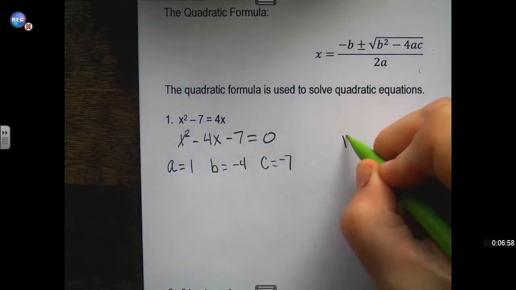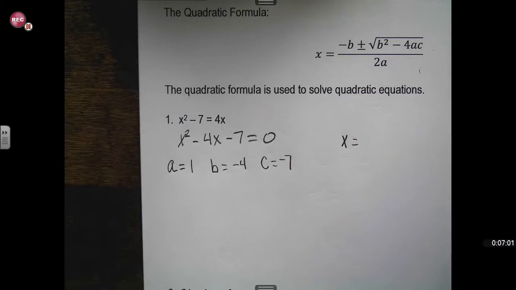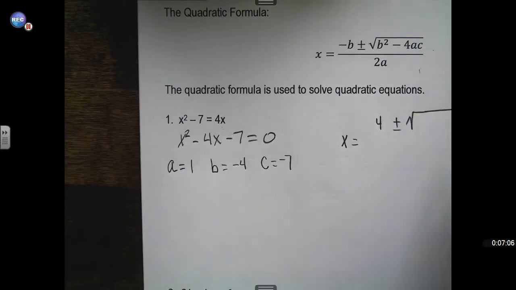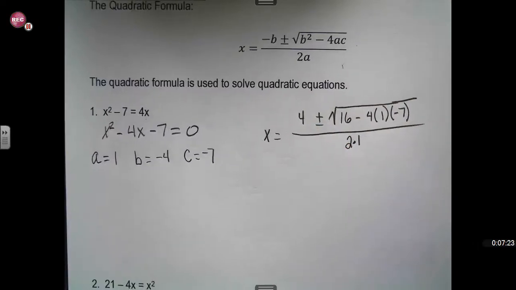So now when I go to solve this, the opposite of b is going to be 4 plus or minus the square root of b squared, which is 16, minus 4 times a, which is 1, times c, which is negative 7, all over 2 times a, which is 1. And then we just simplify that. This is going to be 16 plus 28, which is 44.